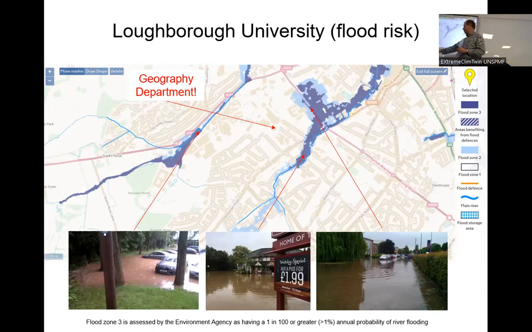So there's physical damage to property, people's cars, flooding of infrastructure. We lose power and IT services, and there's interruptions to access to campus as well. So sometimes you can't get onto campus because the entrances are flooded.